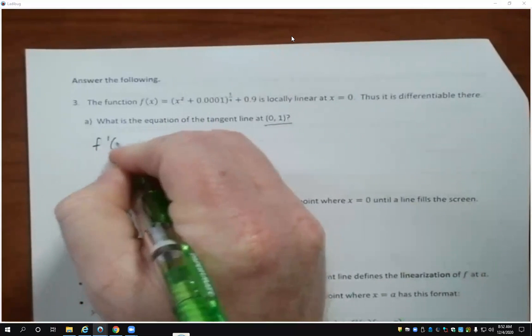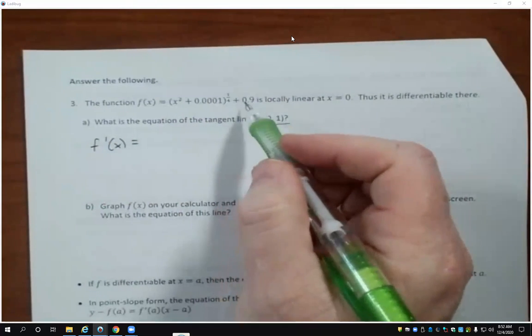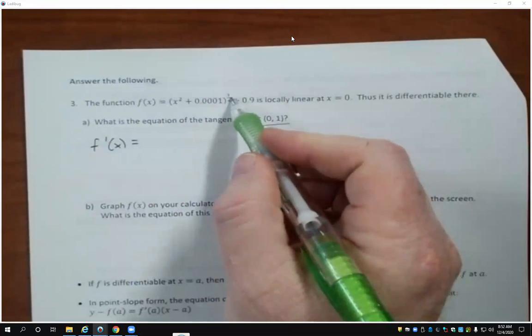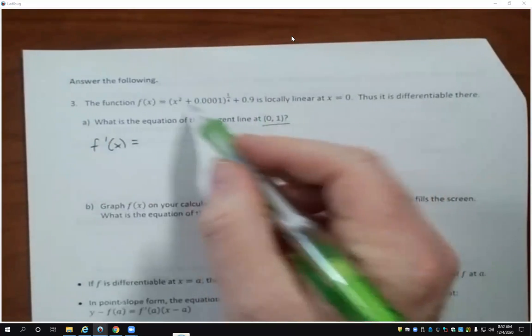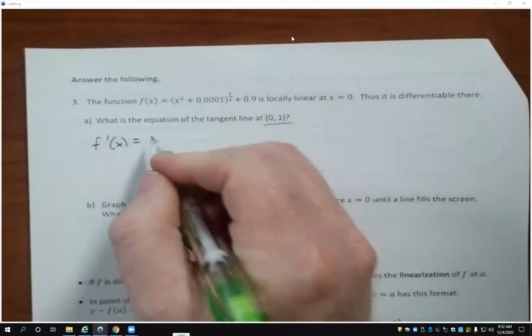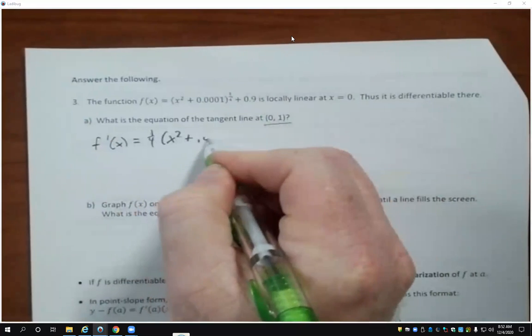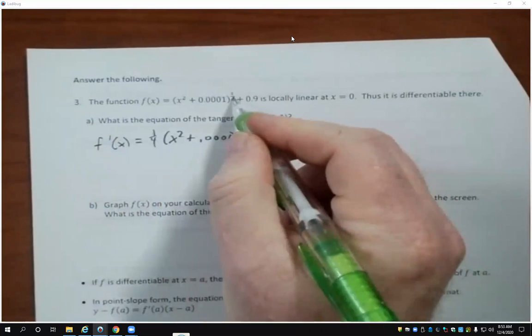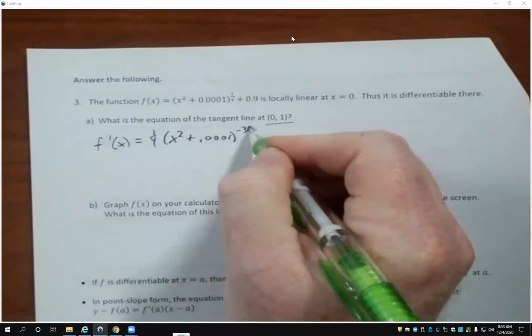So f prime of x is equal to, we have a power rule, but then there's going to be a chain inside, because we got this whole thing inside. So 1/4 times x squared plus 0.0001 raised to the 1/4 minus 1, which is negative 3/4.